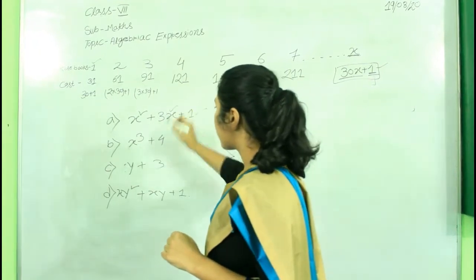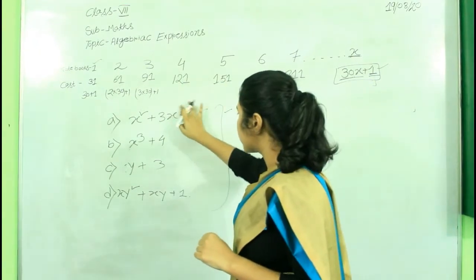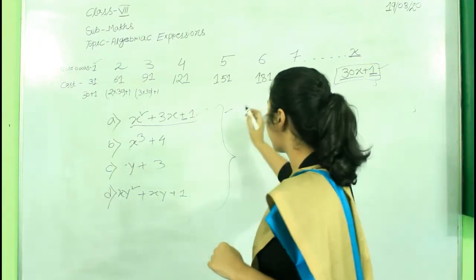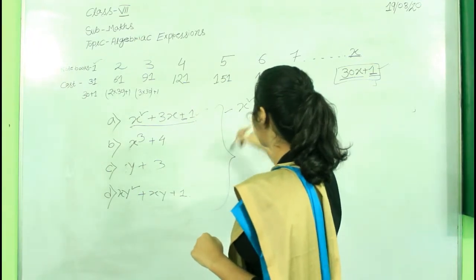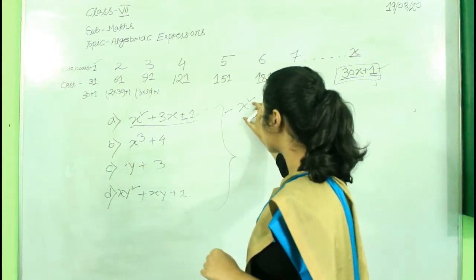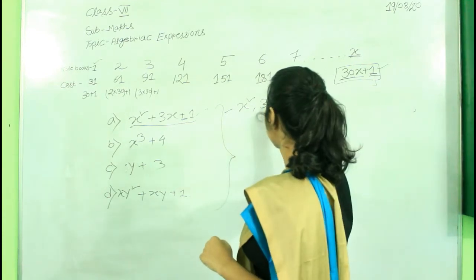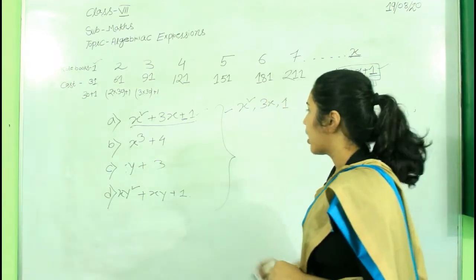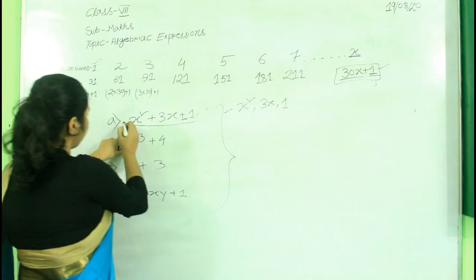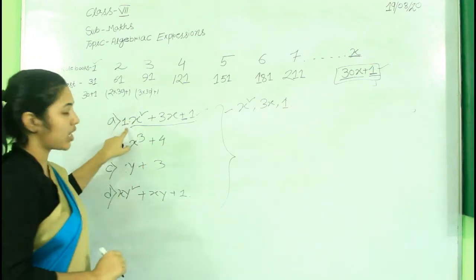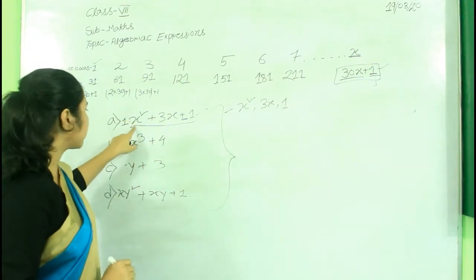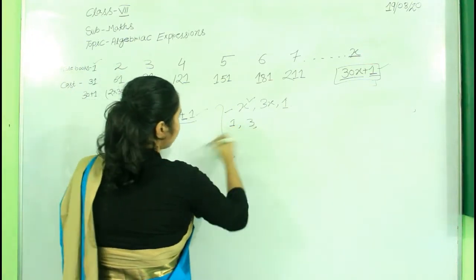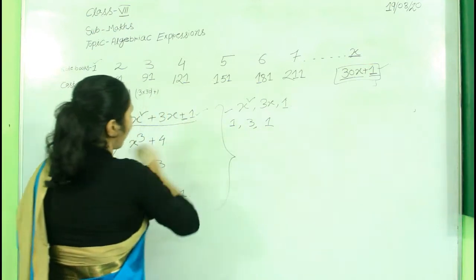Here x is our variable. In this expression x is our variable and this expression has three terms. First term is x square, second term 3x and the third term is 1. Now here we can write x square as 1 into x square, which means 1, 3 and 1.